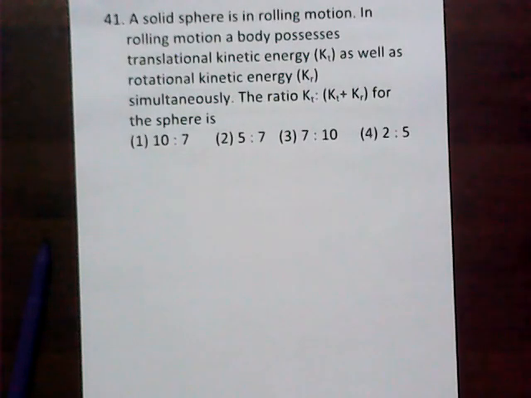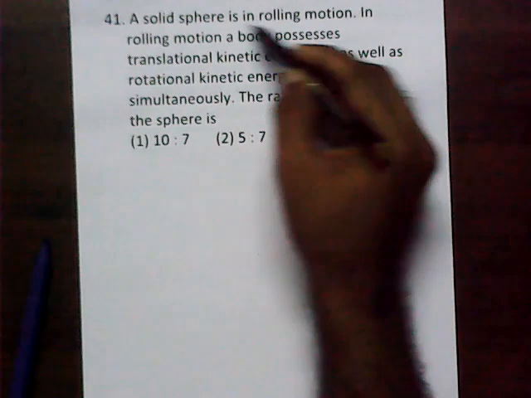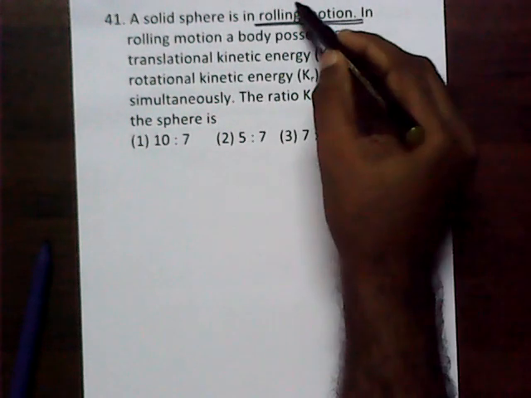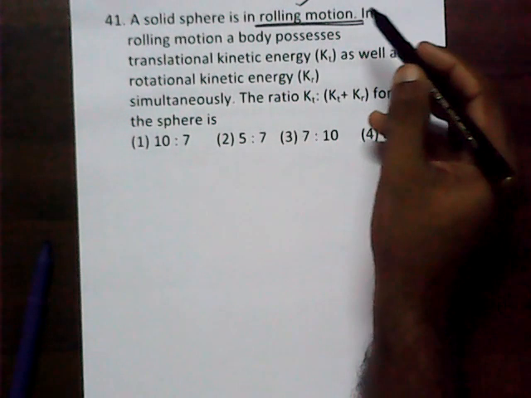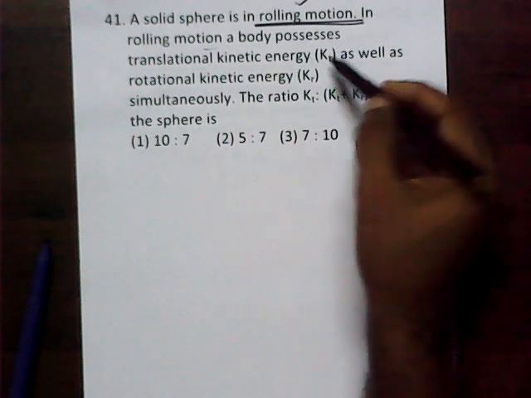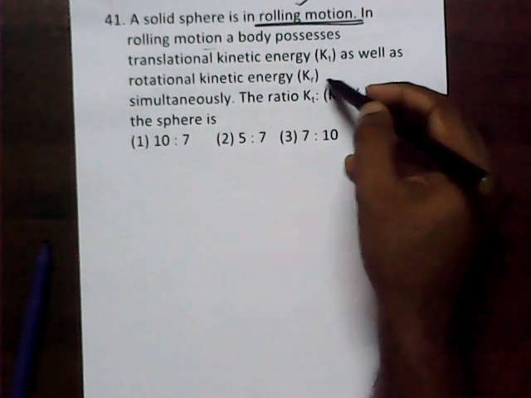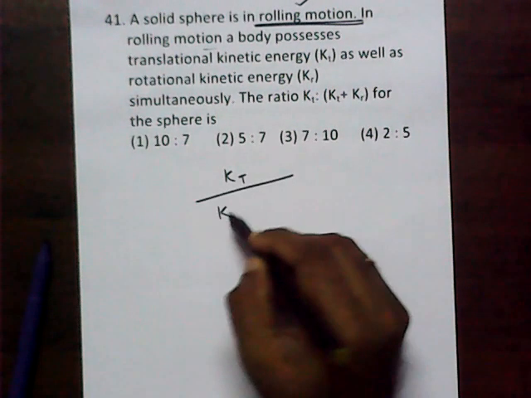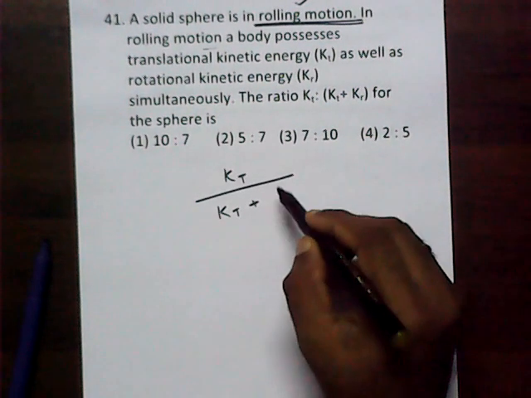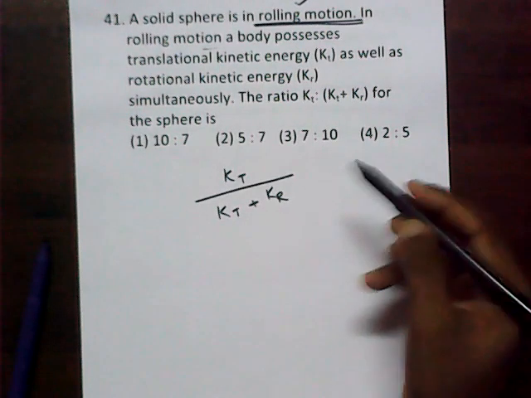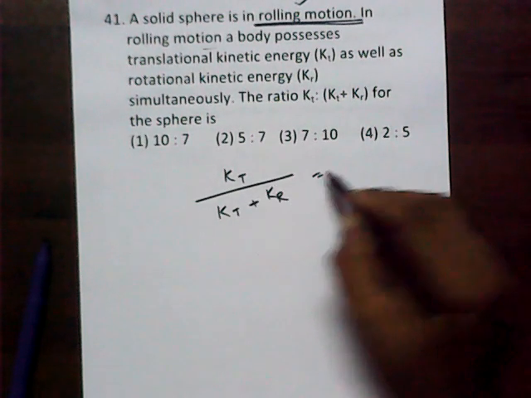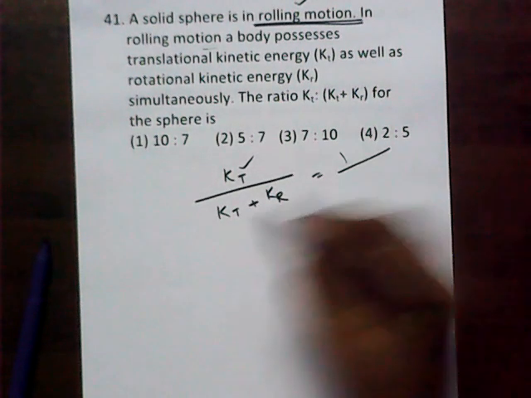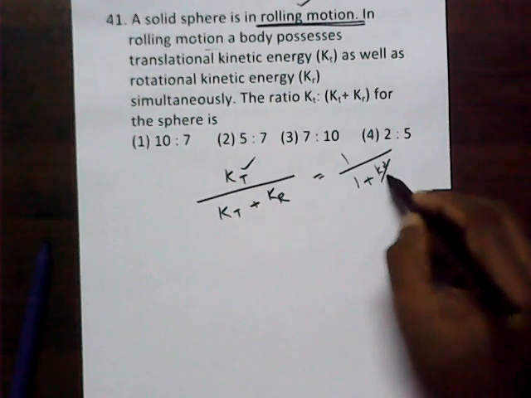Number 41, a good question. A solid sphere is rolling. It's a very important concept. You can expect a minimum of one question from this area. In a rolling motion, a body possesses translational kinetic energy as well as rotational. Then we have to find the translational kinetic energy by translational plus rotational. So we find the simple shortcut for translational to rotational as k square by r square.